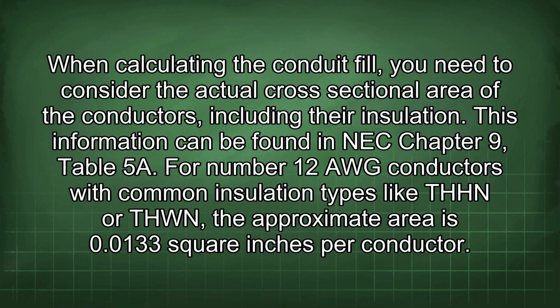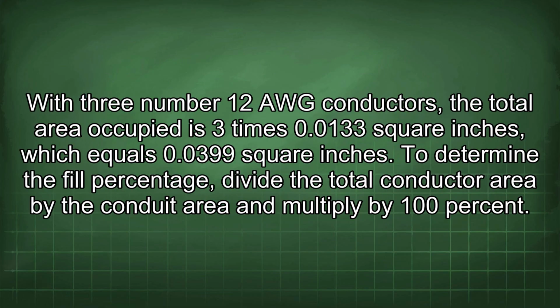For number 12 AWG conductors with common insulation types like THHN or THWN, the approximate area is 0.133 square inches per conductor. With 3 number 12 AWG conductors, the total area occupied is 3 times 0.133 square inches, which equals 0.399 square inches.